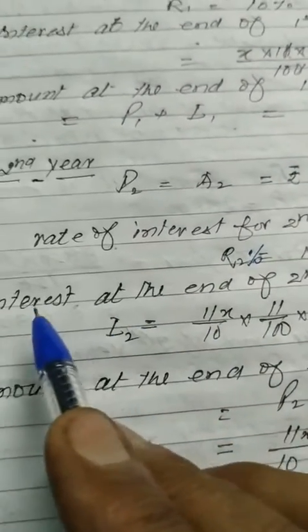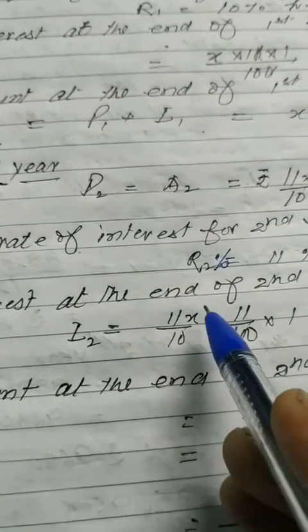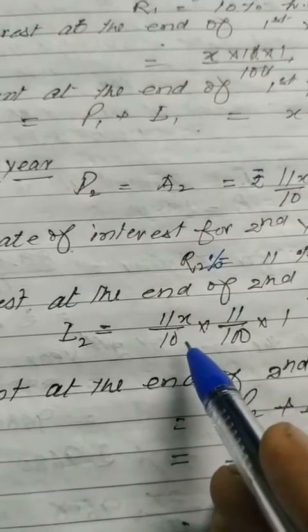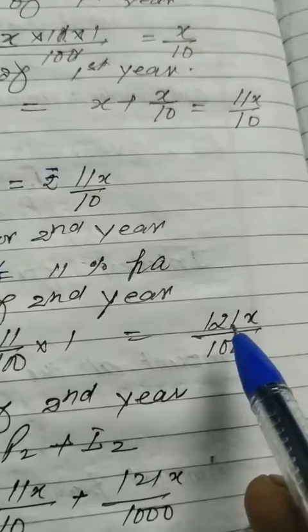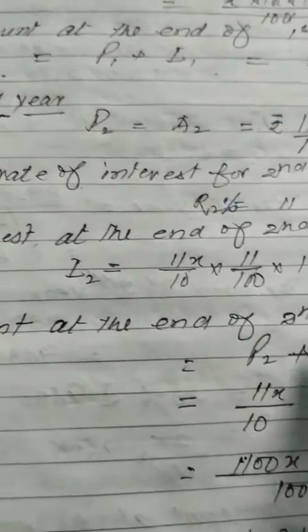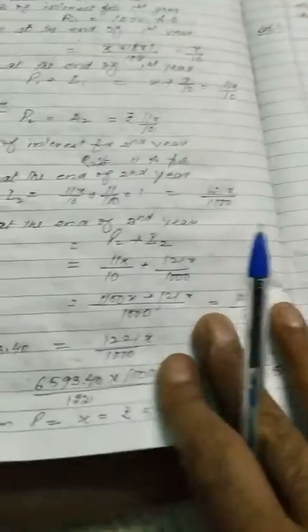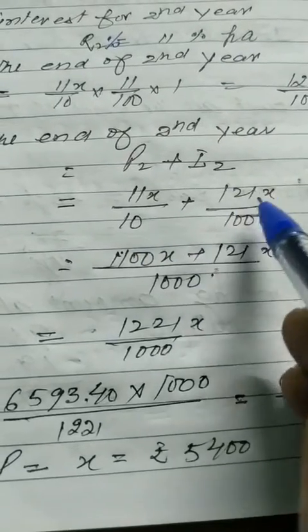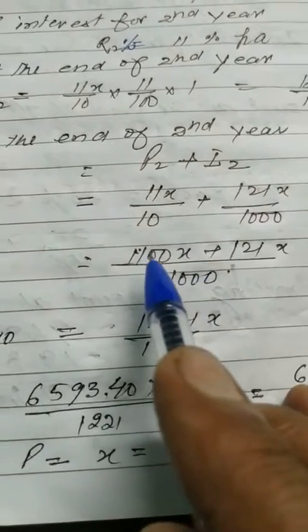Interest at the end of the second year, I2 equal to P multiplied by R into T, 11x over 10 multiplied by 11 over 100, that is 121x over 1000. Amount at the end of the second year, P2 plus I2, is 11x over 10 plus 121x over 1000.